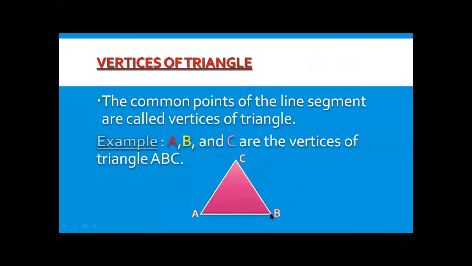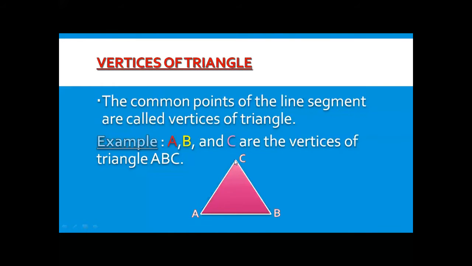B represents the second corner or second common point. We can say that this is the second corner or second vertex of the triangle, and this one is the third vertex of the triangle. So A, B and C represent the three vertices of a triangle. Vertex means the common point. What is the common point?